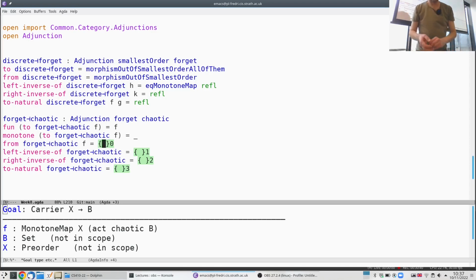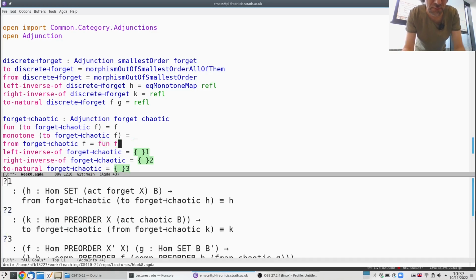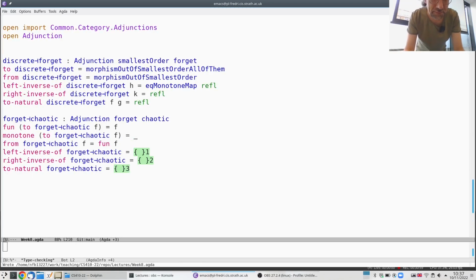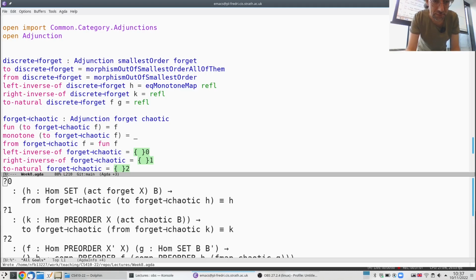So. Right. Now I've got a monotone map, and I need to extract a function. I think I can just do that with fun. Okay. So let us see what we have here.